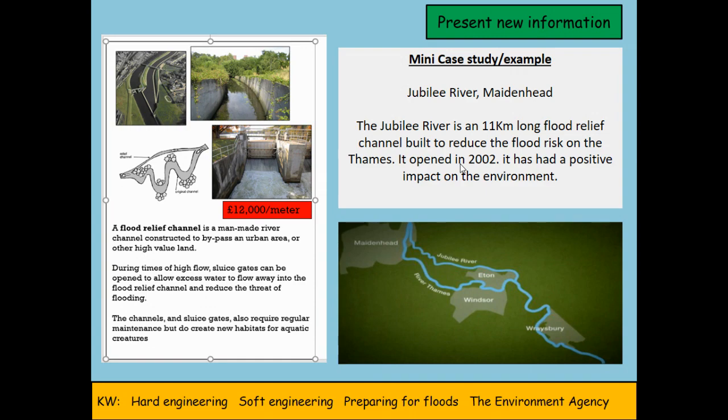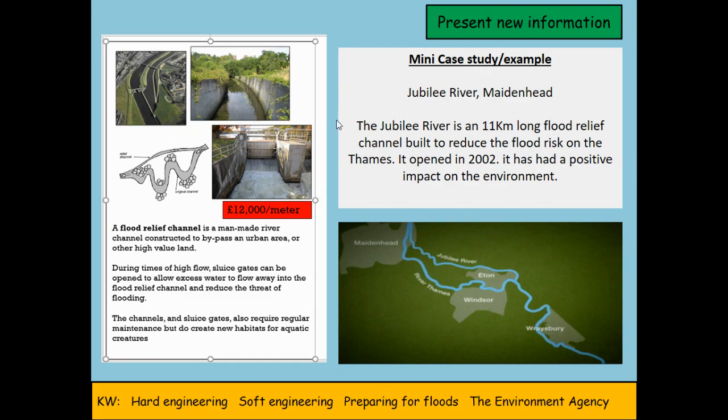So they won't have anything in them during normal times. It will just have a low level of water in it, like you can see at the top here. And then when it is flooding or potentially could flood, they will open up those gates and it will allow that excess water to flow through.